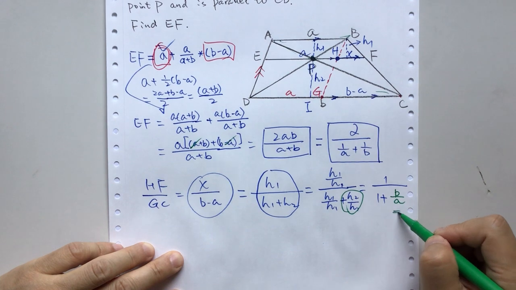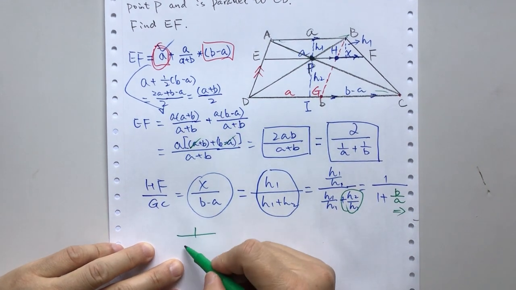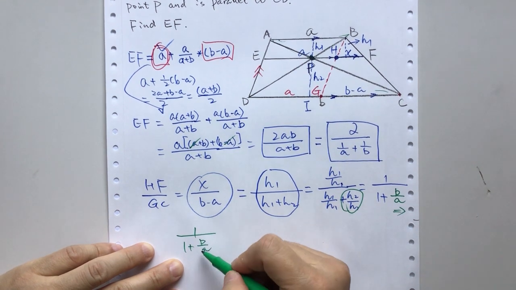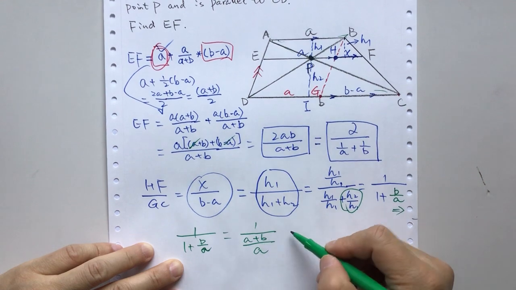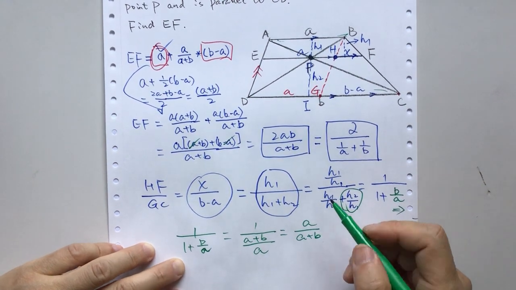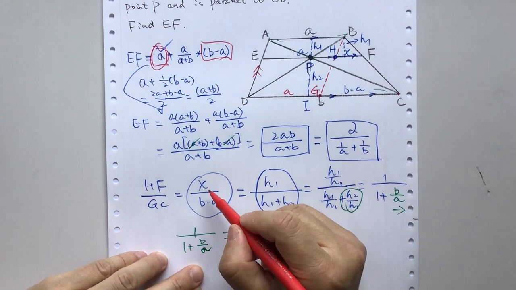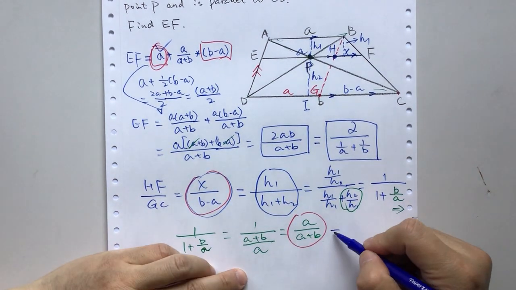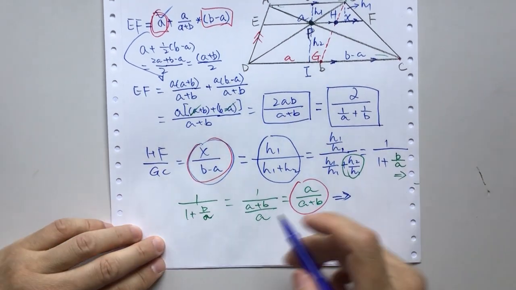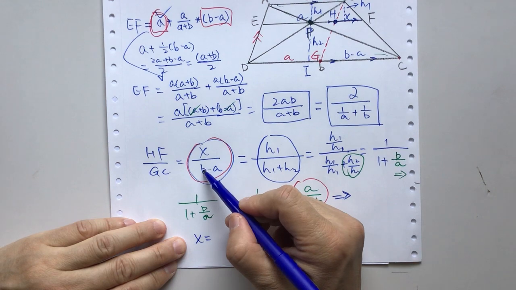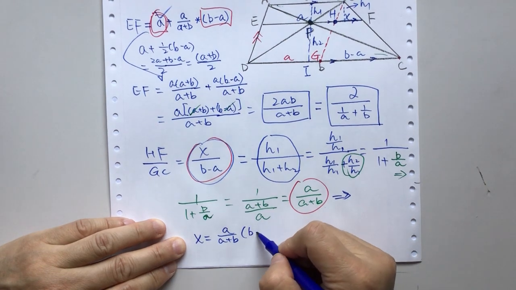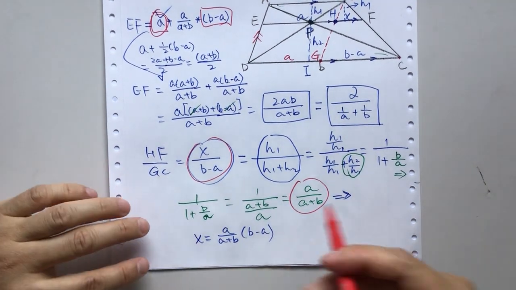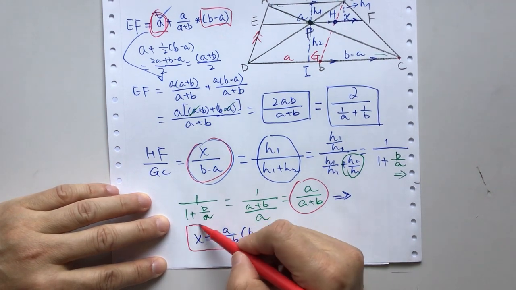So let's go ahead. We get 1 over 1 plus B over A, which is the same thing as A over A plus B. Now we review this, and we will find X equals this ratio times B minus A, so A over A plus B times B minus A. Yeah, that proves my intuition is correct.